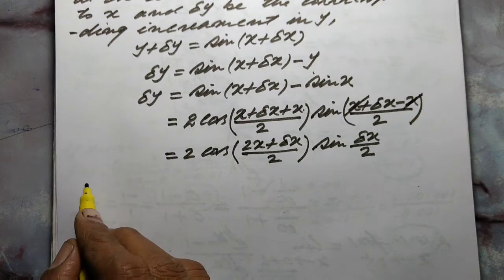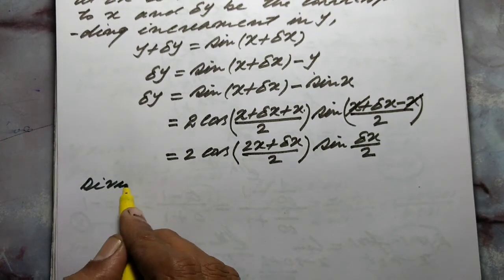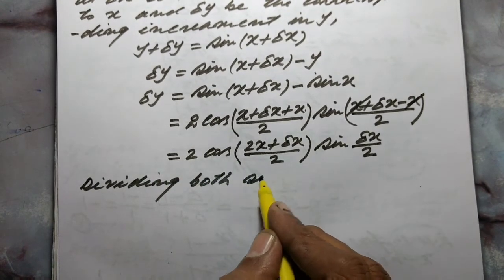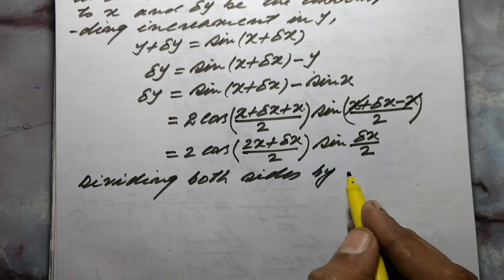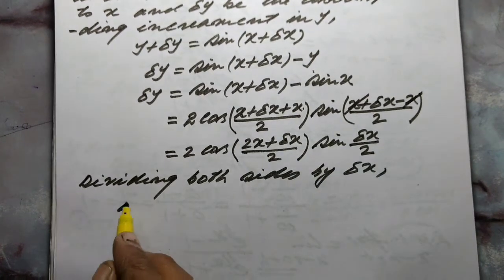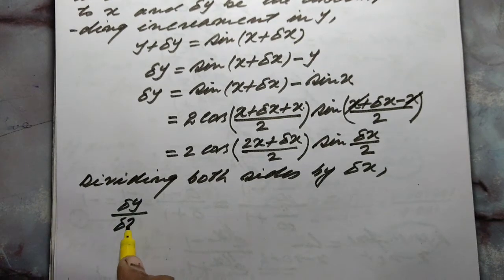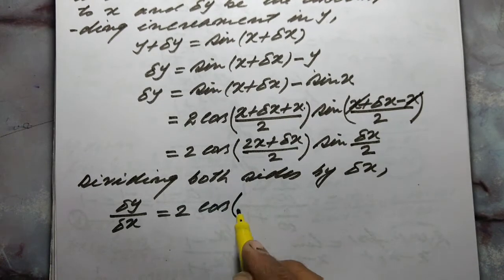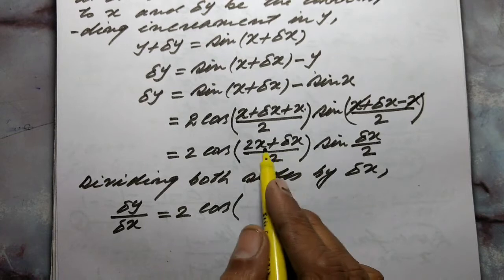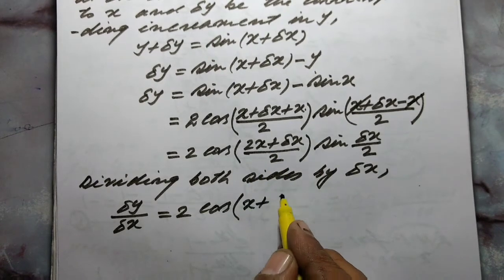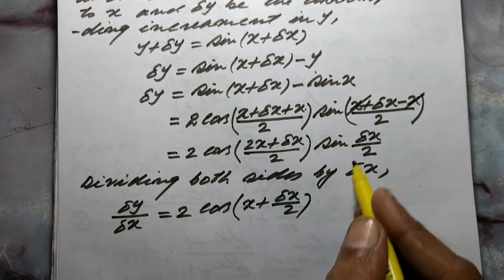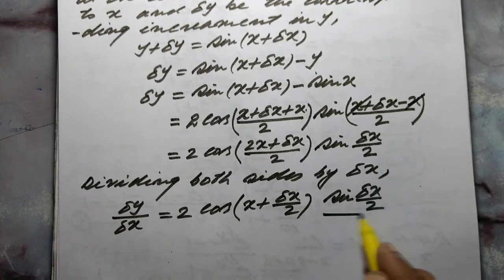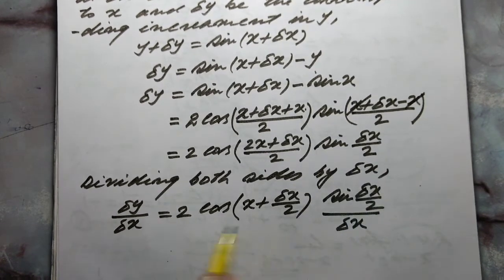Now dividing both sides by delta x, we get delta y over delta x is equal to 2 cos, here if we split these two terms, we have x plus delta x upon 2, and here sin delta x upon 2 upon delta x, because we have divided both sides by delta x.